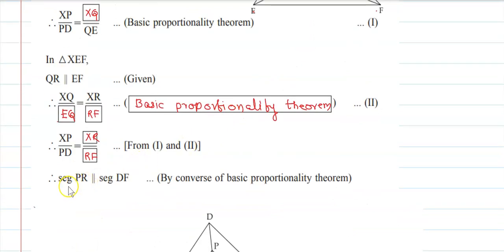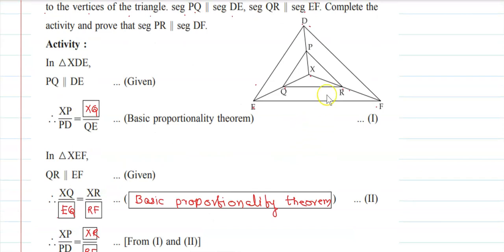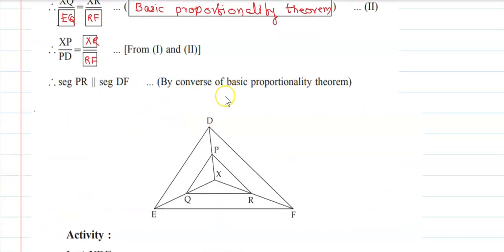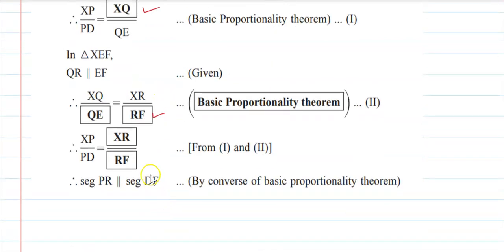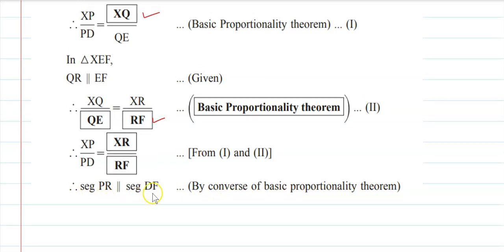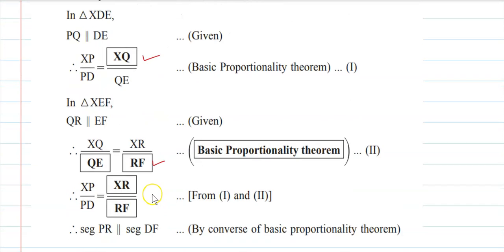And hence, the segment PR is parallel to DF by the converse of basic proportionality theorem. Again, the same answers are given here.